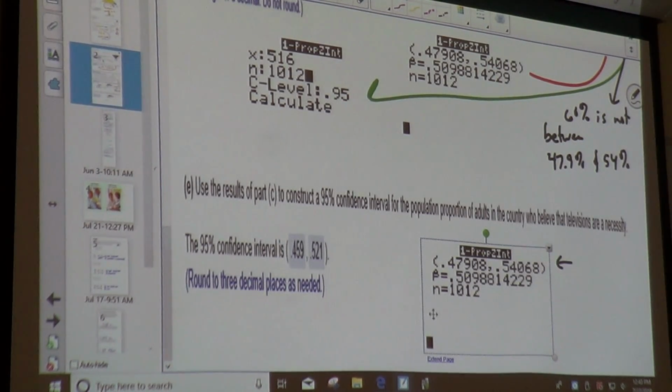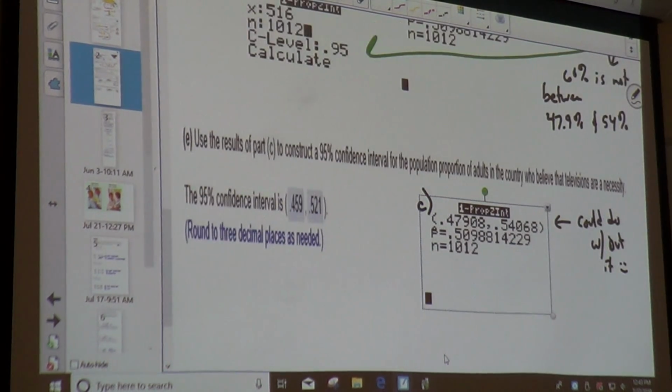These are the ones that said they could do without it. This is Part C. So we want to do like the knots. How do you do a knot? 1 minus. We're going to do 1 minus the 0.479, and 1 minus the 0.541. We're going to do the knots.